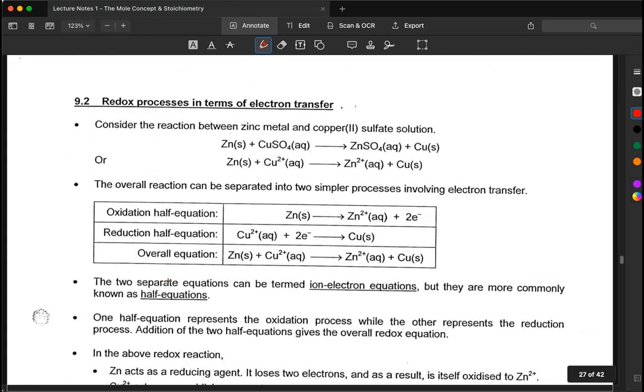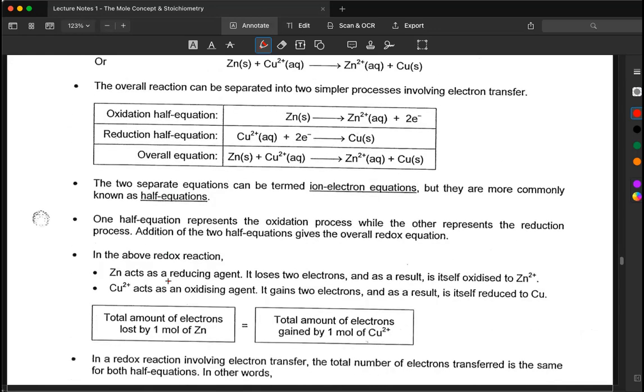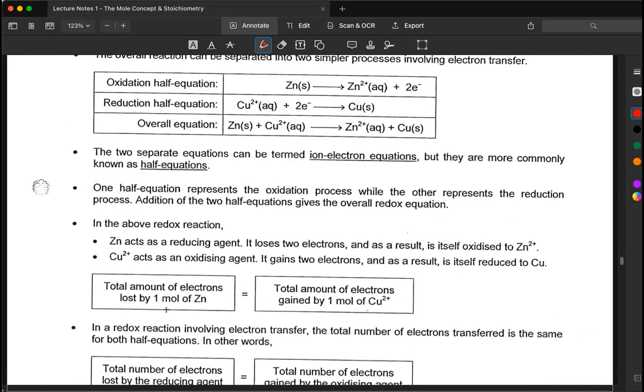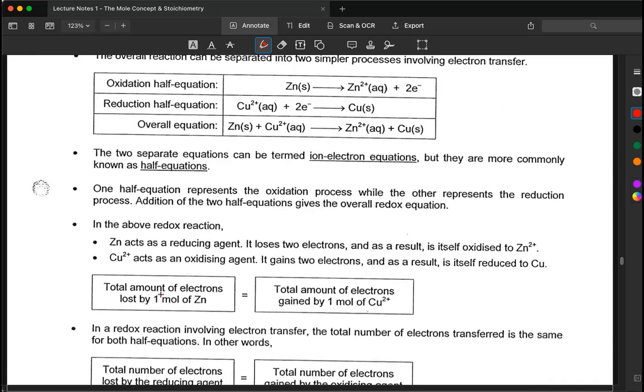We just focus on what is new. Combining two half equations to form an overall equation was also learned. But what is to take note is that in this reaction, the zinc acts as a reducing agent.